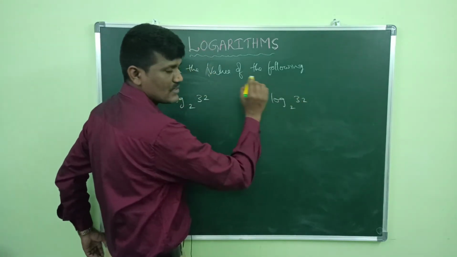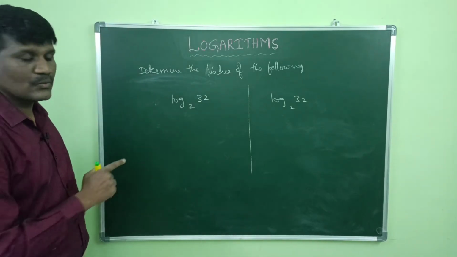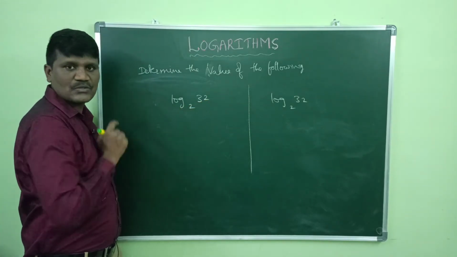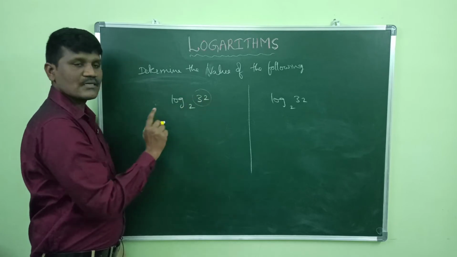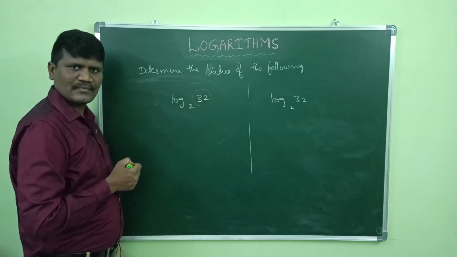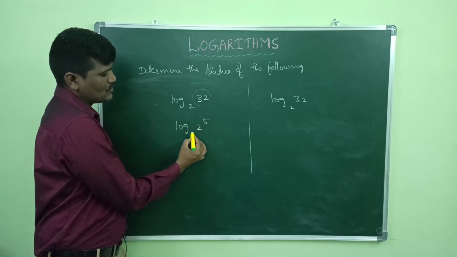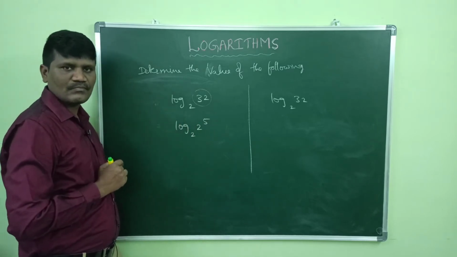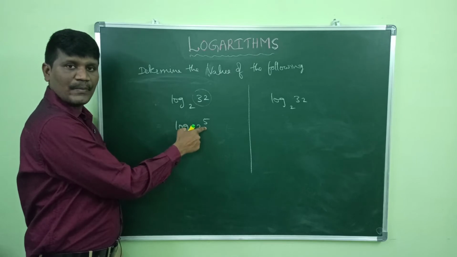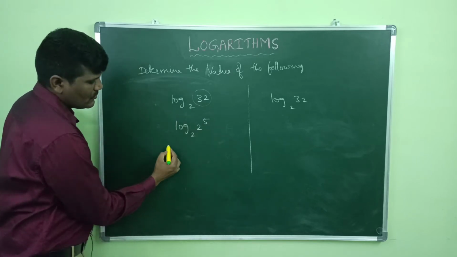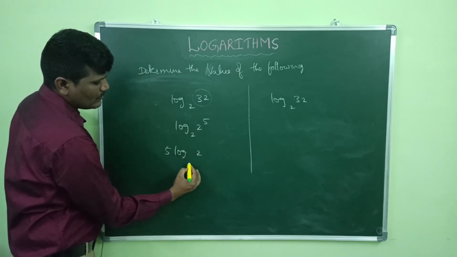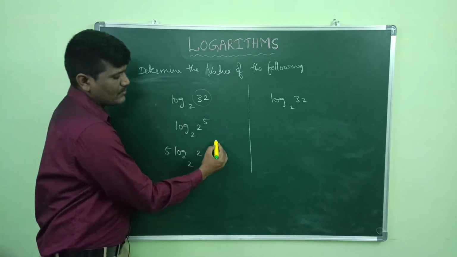Log 32 to the base 2. 32 I can write as 2 power 5. So log 2 power 5 to the base 2. Now by power rule, I can write this as 5 log 2 to the base 2. What did I use here?